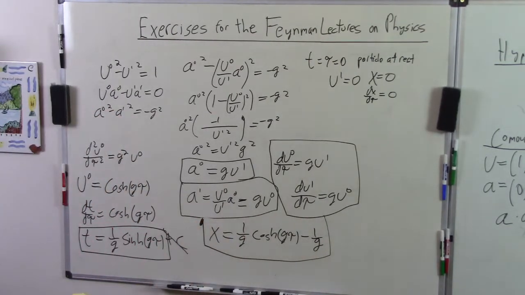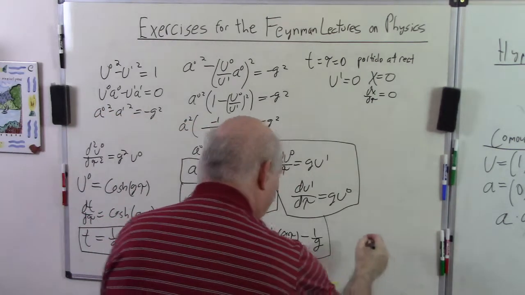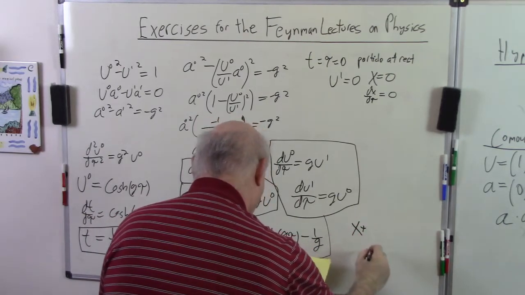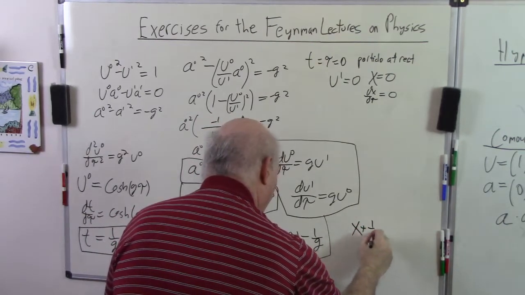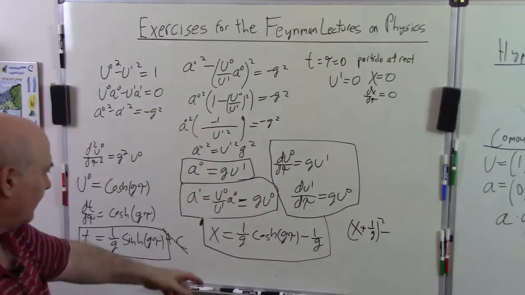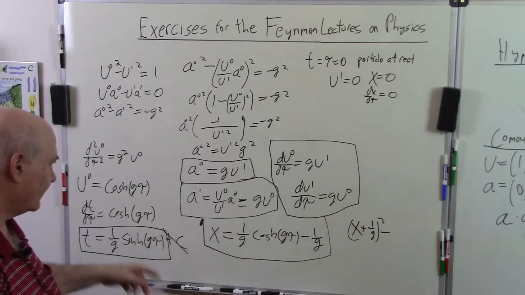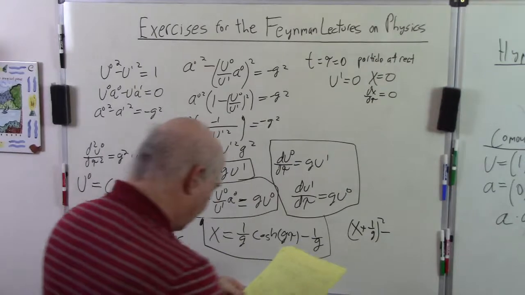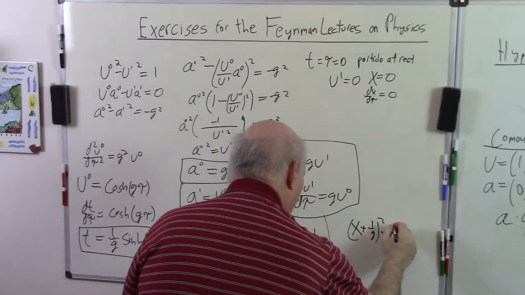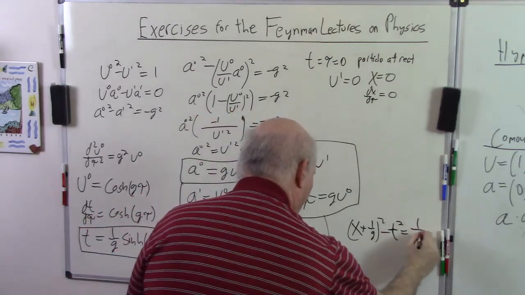And now you can see that these things satisfy, just using the identity hyperbolic cosine squared minus hyperbolic sine squared equals 1, we get (x plus 1 over G) squared minus t squared is equal to 1 over G squared.